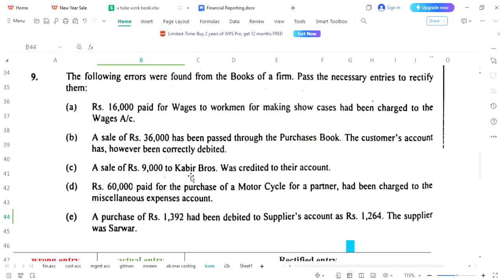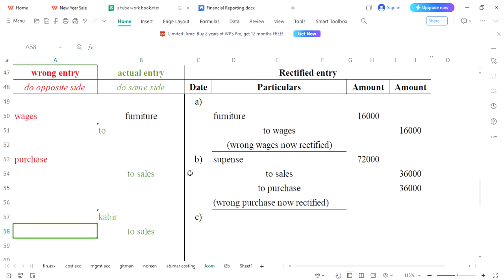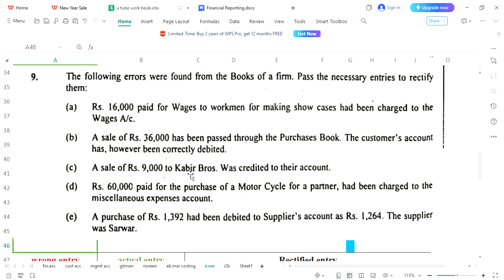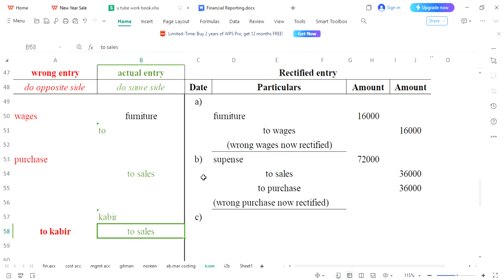A sale of 9,000 to Kabir was credited to their account. Their means they are talking about Kabir Brothers. Credited to their account. So here Kabir is written on the credit side. There means a human being, and the name is Kabir Brothers. So it means the mistake is only in Kabir account. There is no mistake in sale, so you can ignore it.